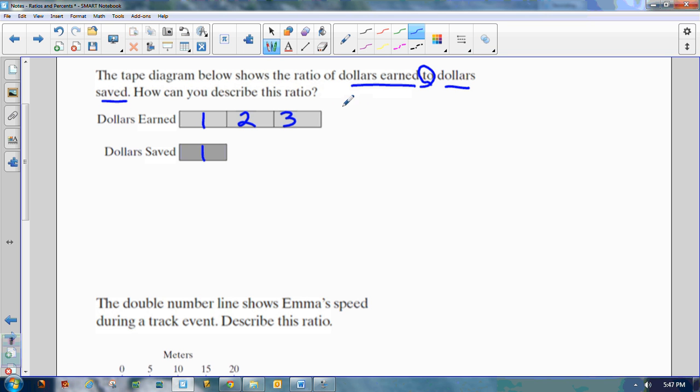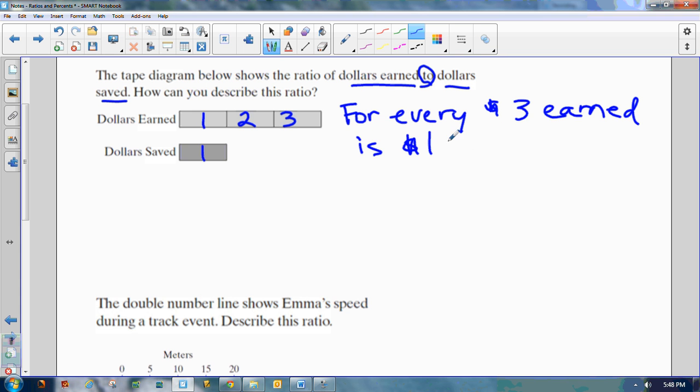So here we see that we have, for every $3 earned is $1 saved. Now we can write that comparison in ratio form. So we're going to start with word. So we have $3 earned.